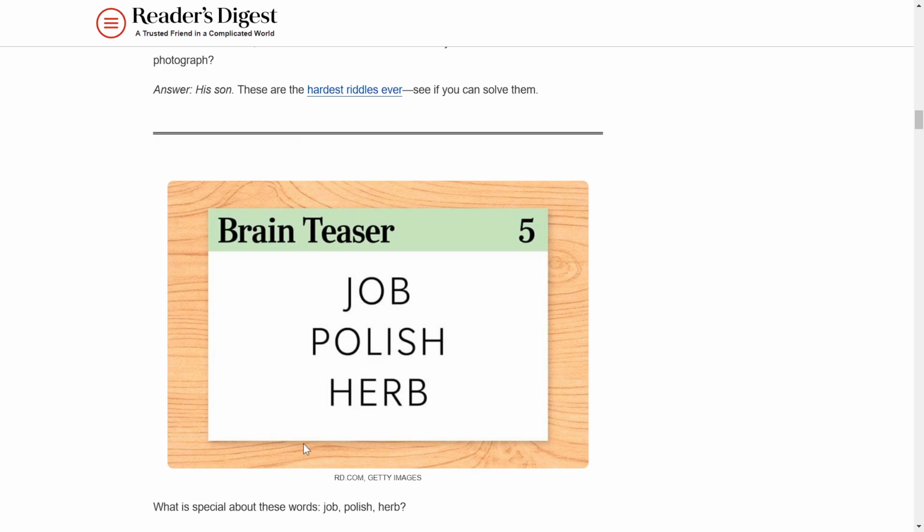Let's think about this in a 7-segment display. Let's start here. H, 1, 2, 3, 4, 5, 6, 7, 8, 9, 10, up to 23.